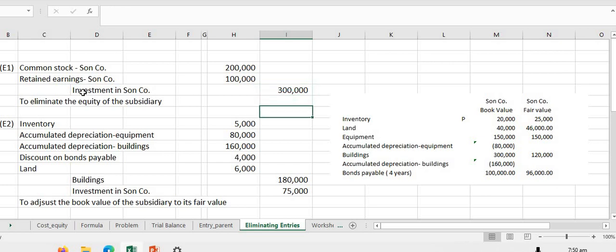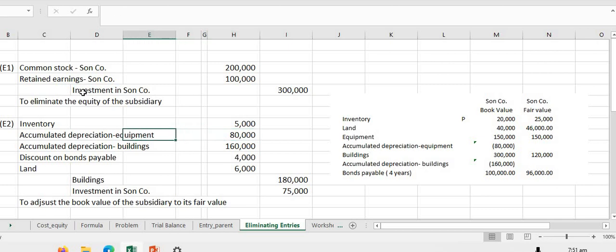Okay. Next is to adjust the book value of the subsidiary to its fair value, so the undervaluation and overvaluation will be recognized. Our inventory is undervalued by 5,000. Our equipment is undervalued by 80,000, so we just debit accumulated depreciation equipment.